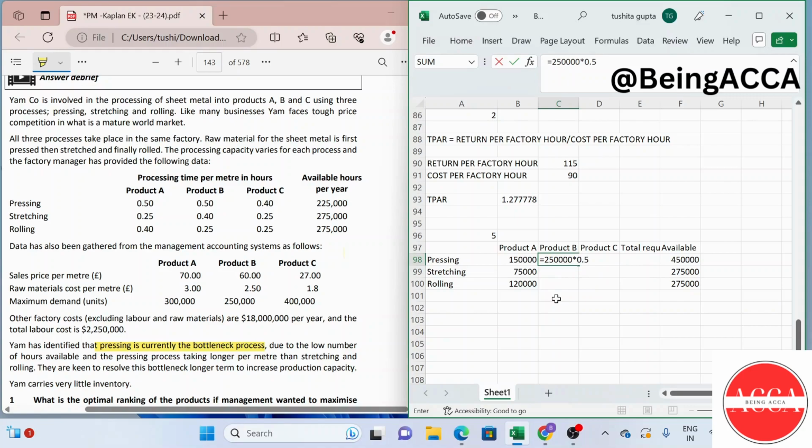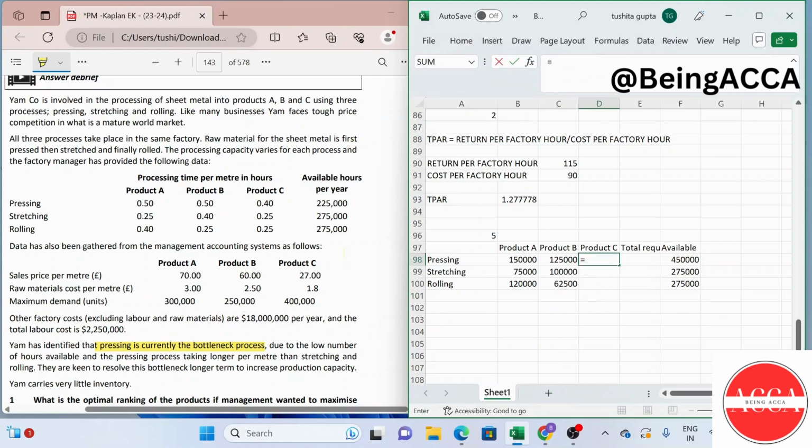Multiplying this by 0.5, then 250,000 multiplying this by 0.4, and then 250,000 multiplying this by 0.25.